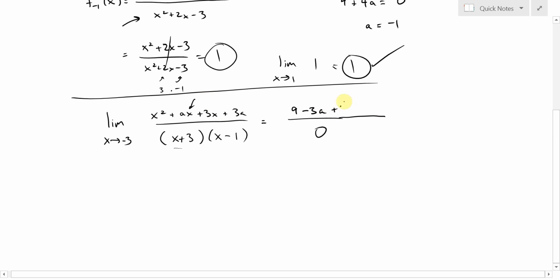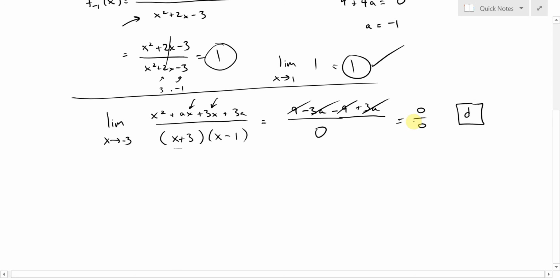Plus 3x, but x is -3, so it's actually minus 9. And then we just have a plus 3a, and you'll notice, cancel, cancel, cancel, cancel. We just got 0 over 0. We are already in a type D problem, and it doesn't even depend on the value of a. We are always in a type D problem, because we always got 0 over 0.